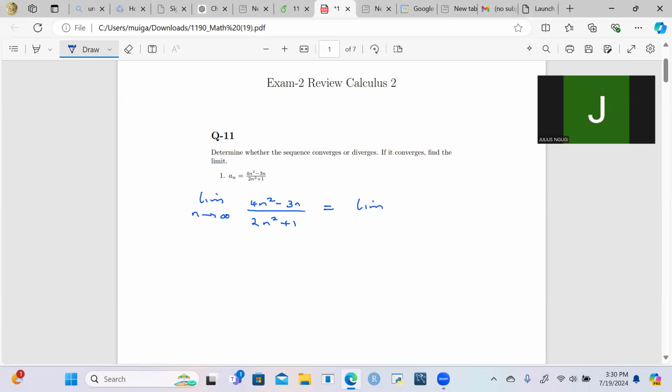That means it only depends on the highest power of n in the numerator and the highest power of n in the denominator. So we can cancel the n's and we'll have 4/2, which simplifies to 2. So the limit equals 2, so this sequence converges.